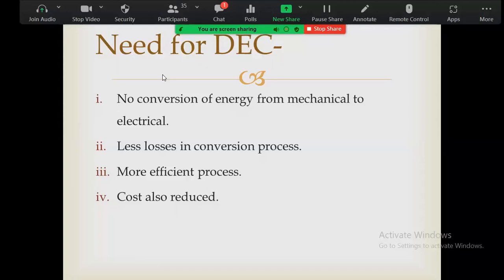That means losses are reduced. There is no other type of conversion, so conversion losses are reduced. There is no friction, that's why frictional losses are also reduced. Because of that reduced losses, our system will become reliable and efficient.